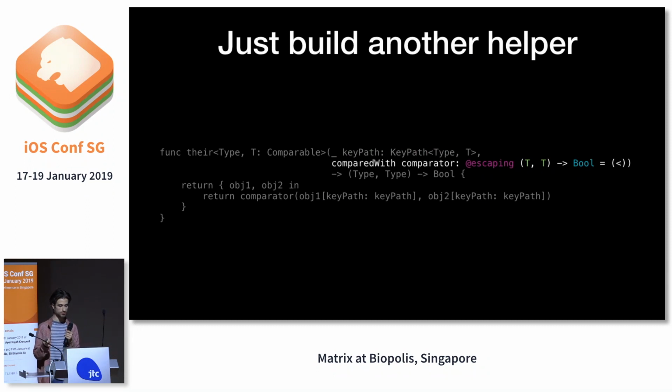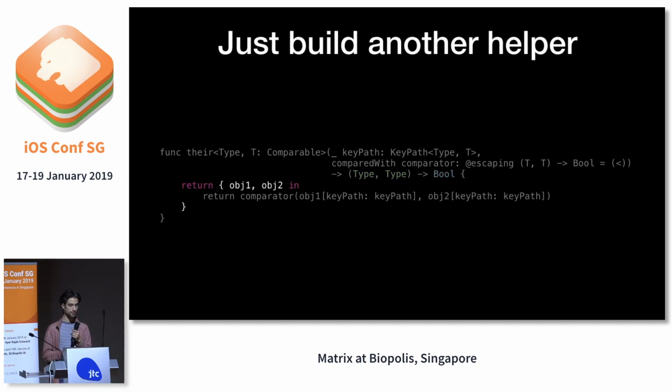In order to allow some shorter syntax, we're going to provide a default value, and it's going to be the less than comparison function, because that's usually what we want to use when we want to sort in ascending order. And we're going to return a function that takes two instances of a type and returns a boolean, so that's the signature for a comparison function. That's the kind of function that the sorted by function in the standard library expects as its input.